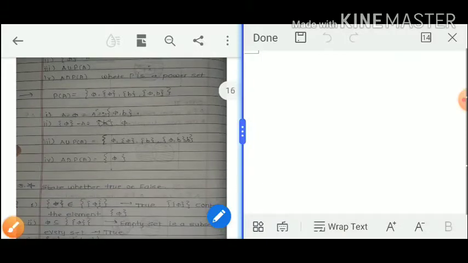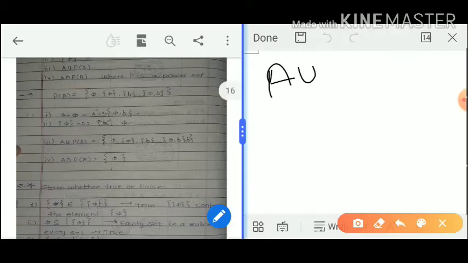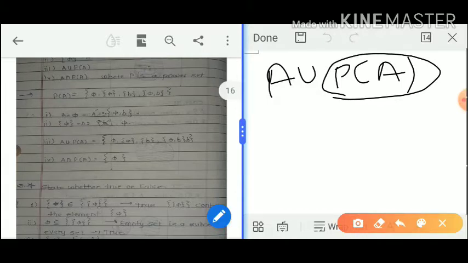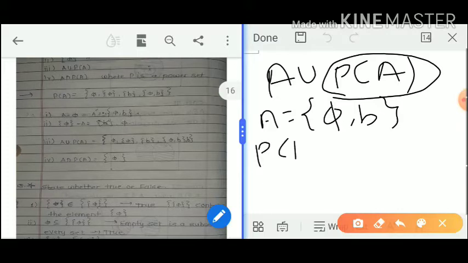Okay, next, third example: A union power set of A. So here it asks for A union power set of A. We need to first find out the power set of A. A contains two elements, phi comma B. So how to find the power set?